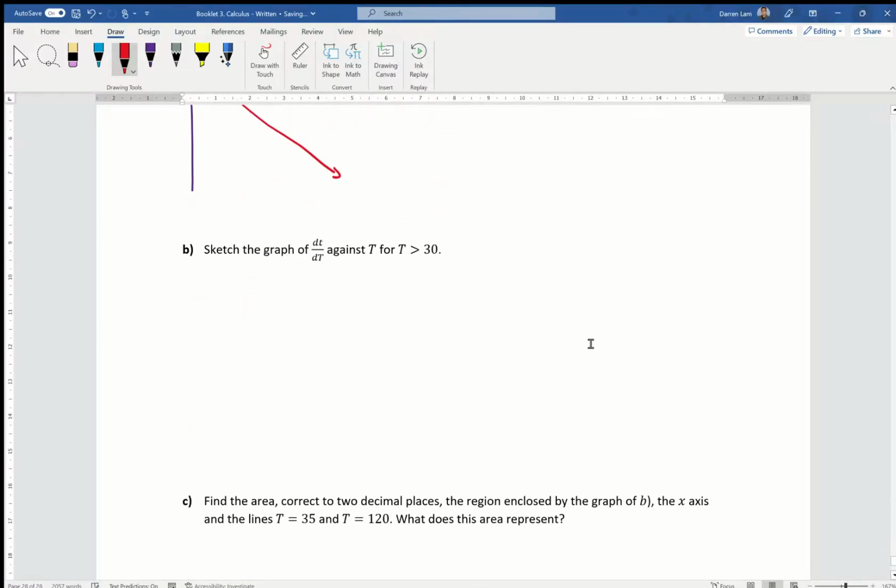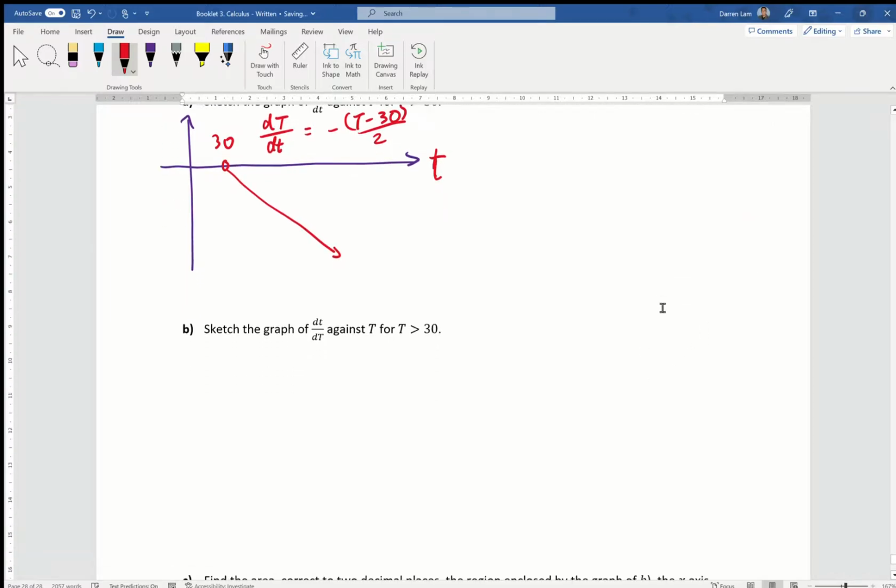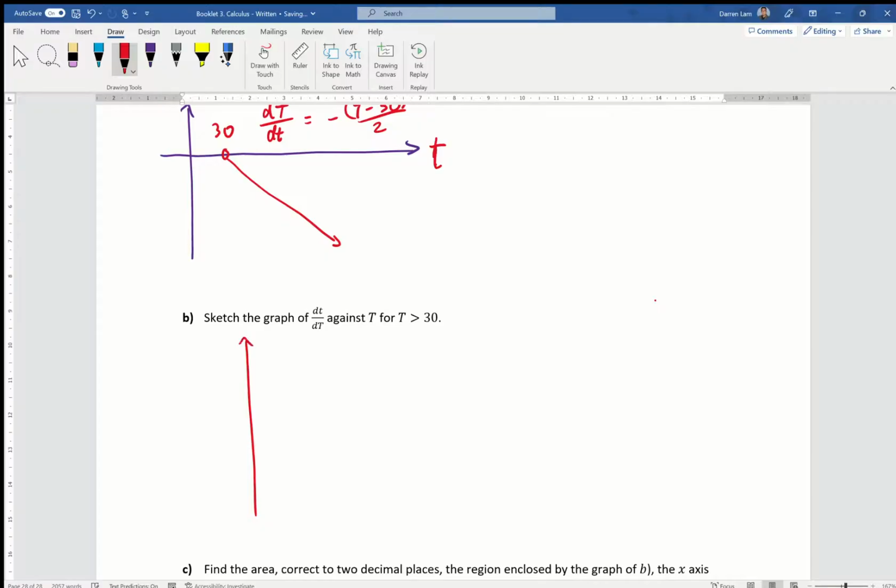Okay, so sketch the graph of dt over dT where it's inverted. When we find the reciprocal, all we have to do is take our original function and flip it. So our original function equals negative, let's write it as t minus 30 over 2. Right, that's our original function. In our reciprocal, it's going to equal negative 2 over t minus 30.